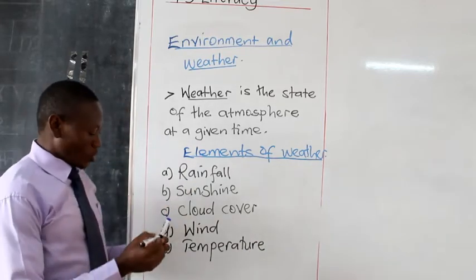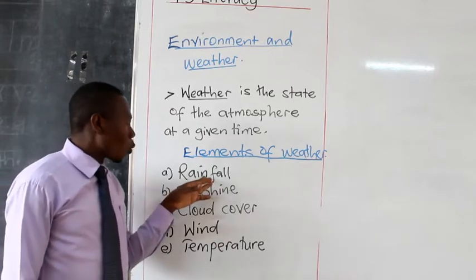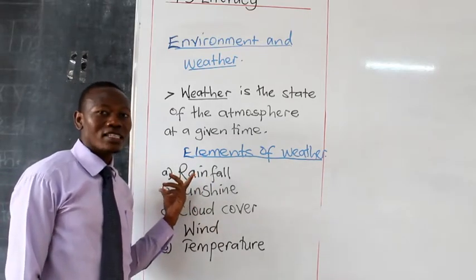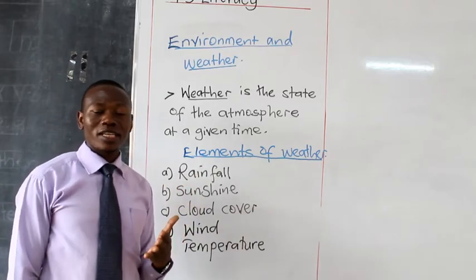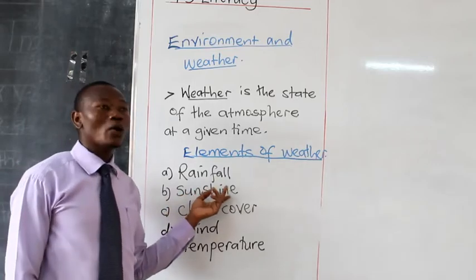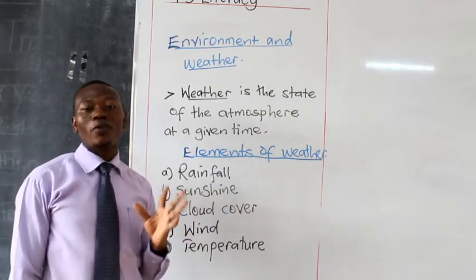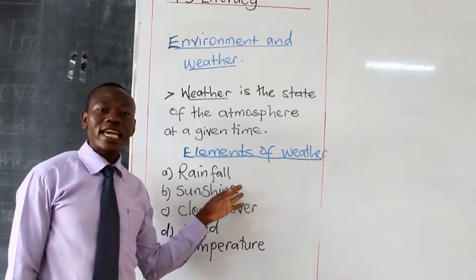Now, let's talk about them one by one. We say rainfall is the water which falls from the sky. This is as a result of very many changes which take place in the environment before it is formed. Sunshine is an element which is naturally found in the sky. It's a natural source of heat.